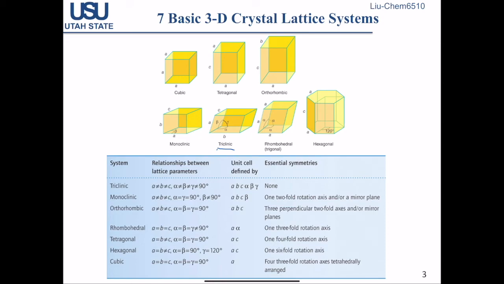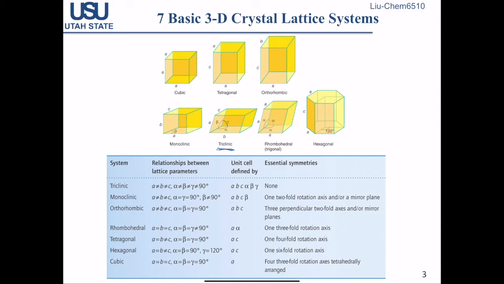Shown here is the canonical unit cell. You can see the unit cell size here. You have a, b, c. That's the sides of the unit cell.